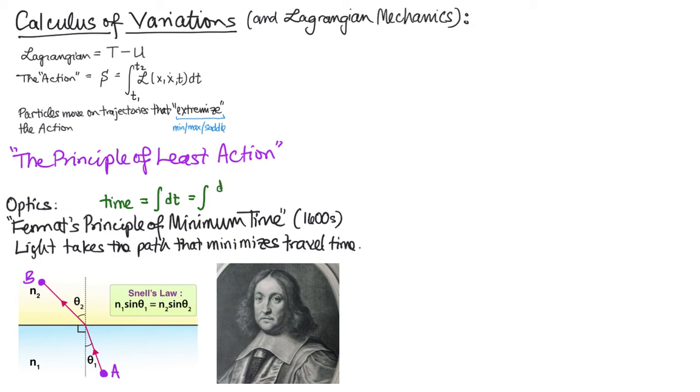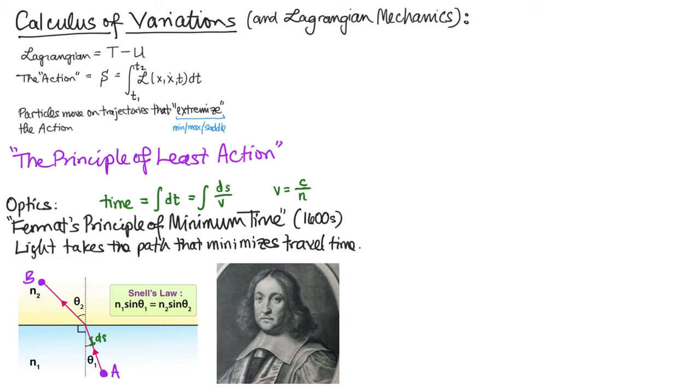So the distance would be like a ds, where s is a little path length, like this, ds. And you divide that by the speed of the photon, but the speed of the photon is not always the speed of light. It's the speed of light in vacuum, but if you're moving through a material with an index of refraction that's different than that of air or vacuum, then the speed will be, in general, smaller. So you have to now carry out this integral to find which path the photon will take.